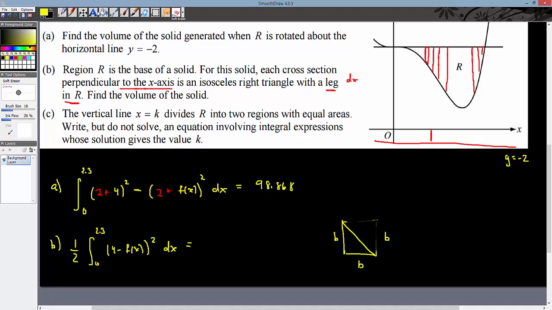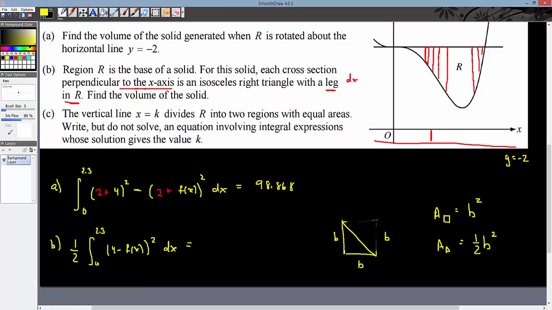So whereas a square's area is going to be base times height, or base squared, the area of the isosceles right triangle is going to be 1/2 of that. Where 1/2 plays the role out here, the base is determined by the 4 minus f of x squared on 0 to 2.3. Okay, cool.